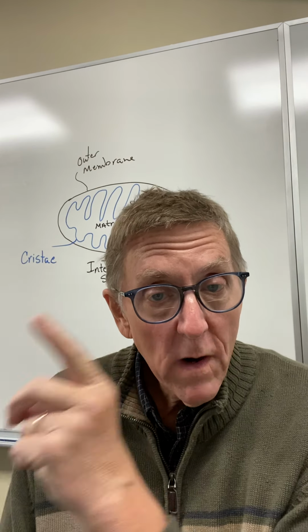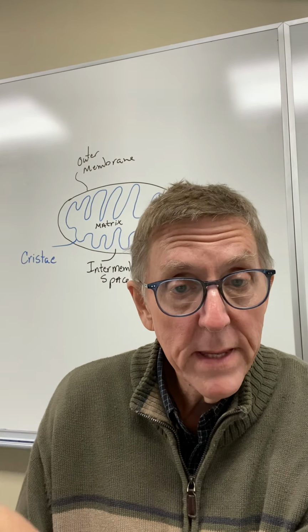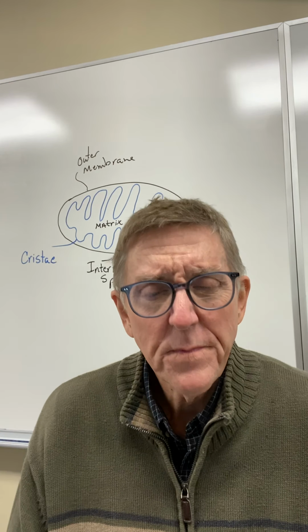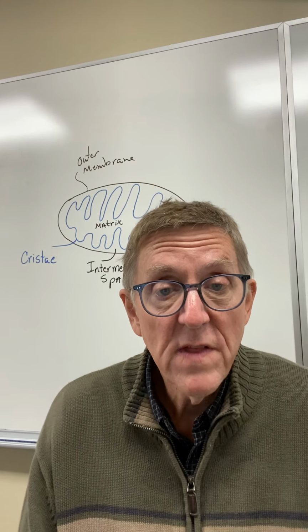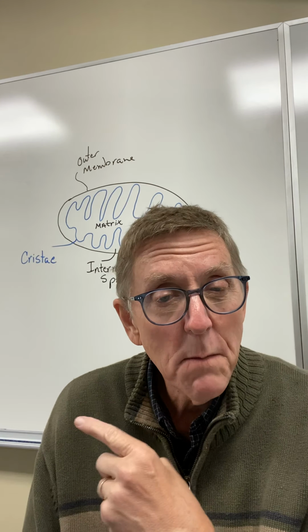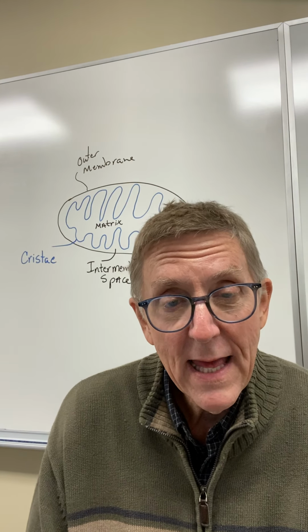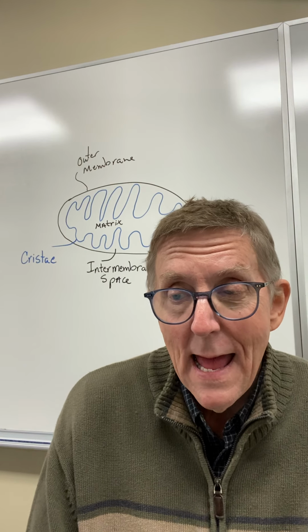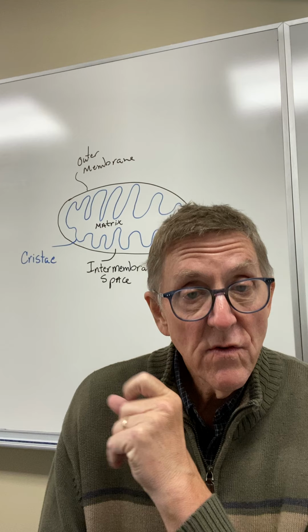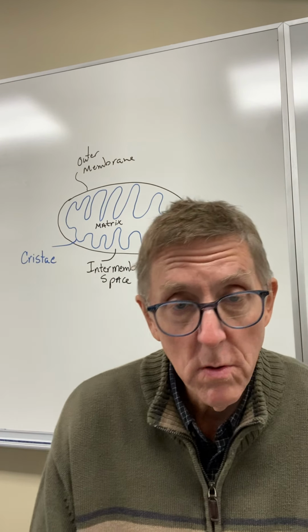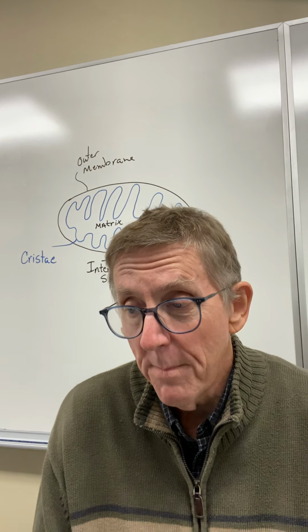And that stored energy has to be used to build ATP. And we said ATP is the form of energy that can be used by the cell. And the organelle where that happens is this thing I've drawn over my shoulder here, the mitochondria.